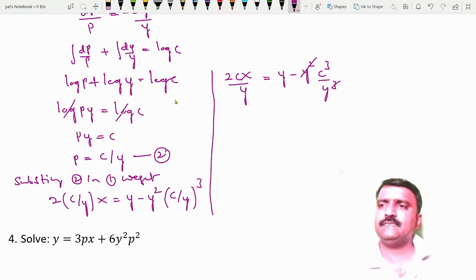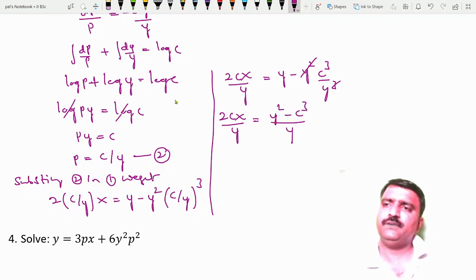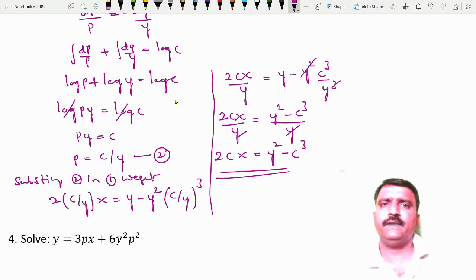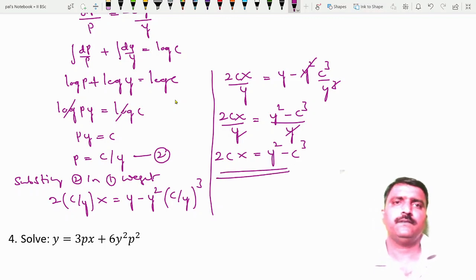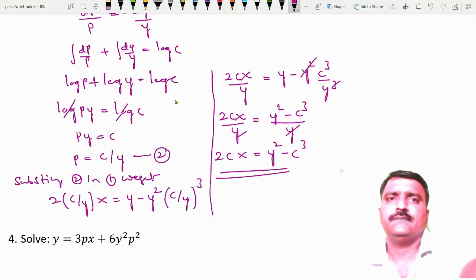So now it is 2cx by y is equal to, take y as the LCM, y square minus c cube whole divided by y. Y and y cancel. So now it is 2cx is equal to y square minus c cube, which is the final result.